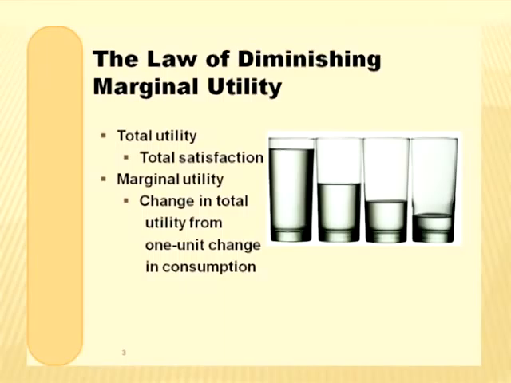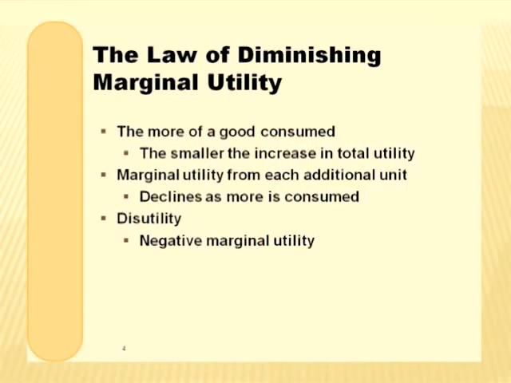Now, the decision making is actually made at the margin. That's a very common phrase that you hear all the time in economics. When we're actually trying to predict how consumers are going to behave, we need to know what they will do next. And one of the most important ideas in all of economics is the idea that the more of a good you consume, the less each additional unit satisfies you.